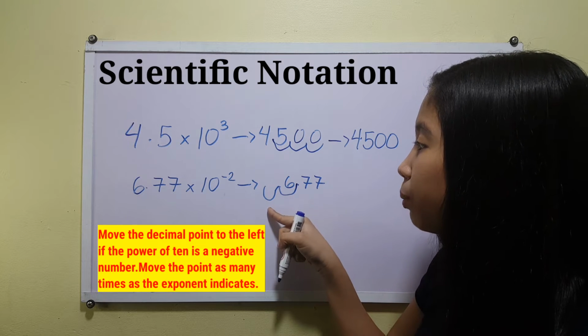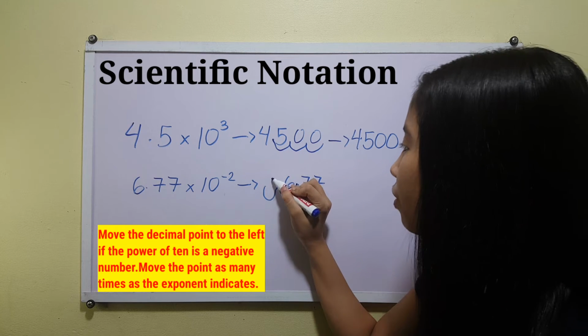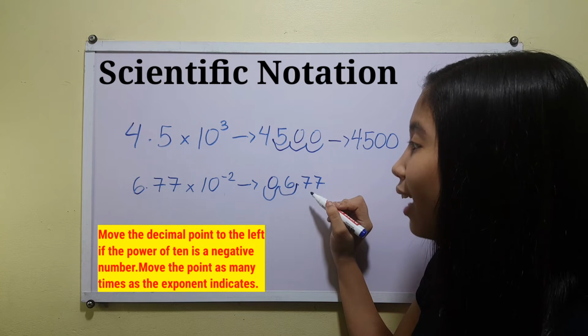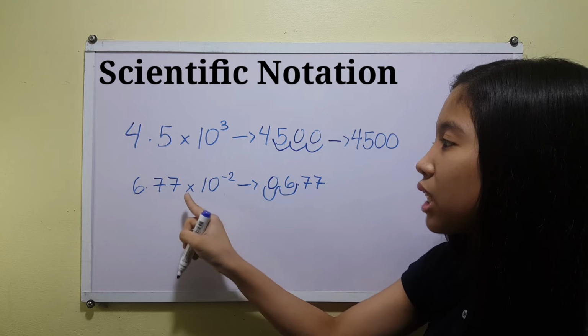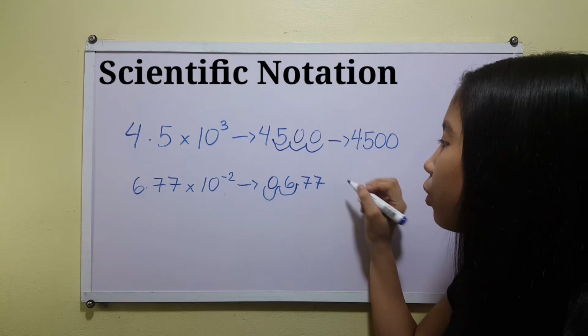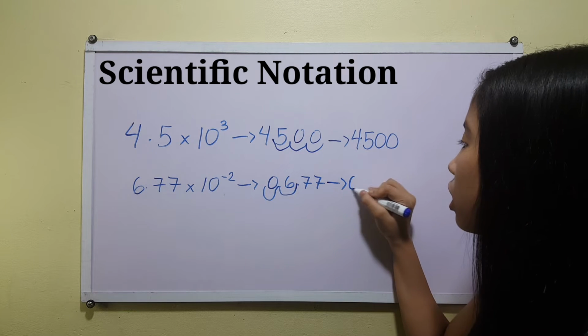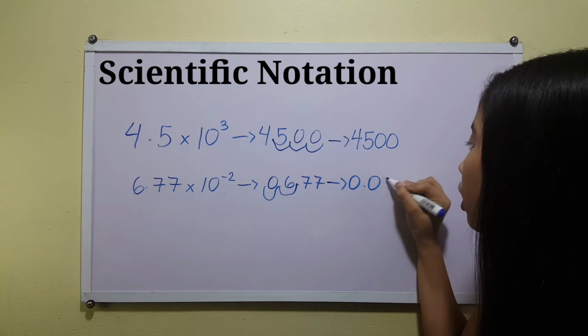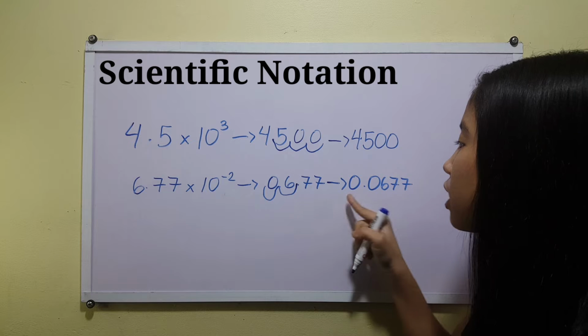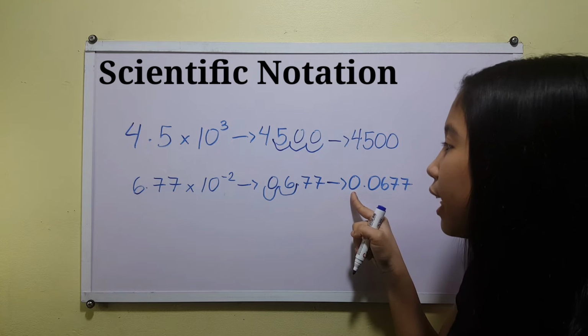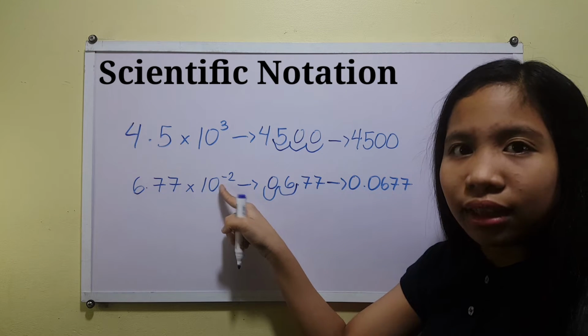So again, we are going to put 0 in the space. And we can put 0 before the decimal point. So 6.77 times 10 to the power of negative 2 is equal to 0.0677. Take note that the 0 before the decimal point is not counted with the exponent.